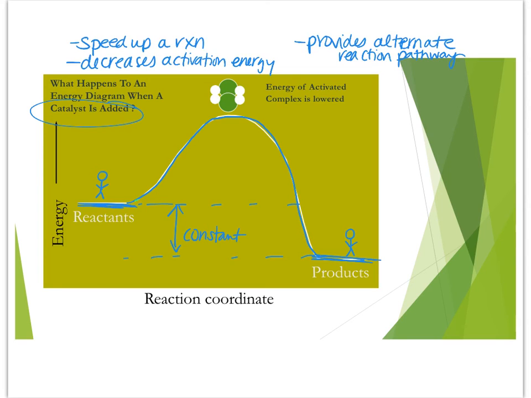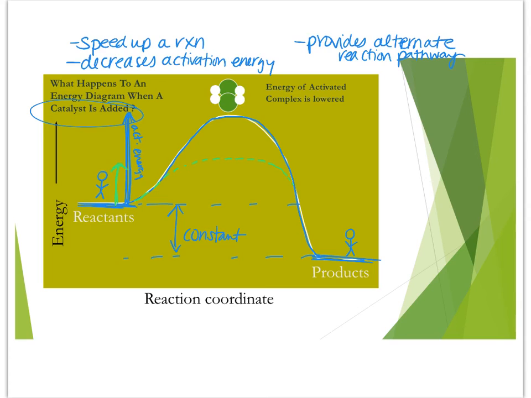Drilling a tunnel through the mountain gives me an alternate pathway that required less of an energy input for me. If I have to climb all the way to the top of this mountain, I have to put in this amount of activation energy to get to the top. That's a normal pathway. But if I drill a tunnel through the mountain, instead of having to climb all the way to the top, I only have to climb to this height.